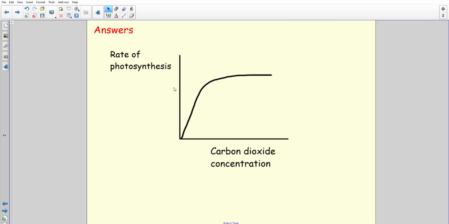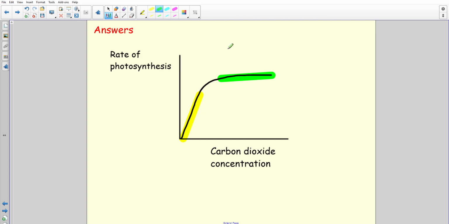If you look at the start again, as our levels of carbon dioxide increase, the rate of photosynthesis increases. But at the end, it levels off because something else is now the limiting factor. So this might mean that light is now the limiting factor instead of carbon dioxide, because we're still increasing carbon dioxide and again, nothing's going up.